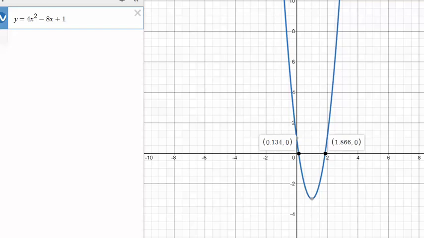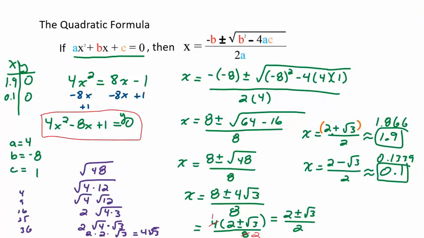Now, let's say you wanted to find another point on the graph. I don't have a lot of space here, so let's do it up here. And you had 4x squared minus 8x plus 1 equals y.